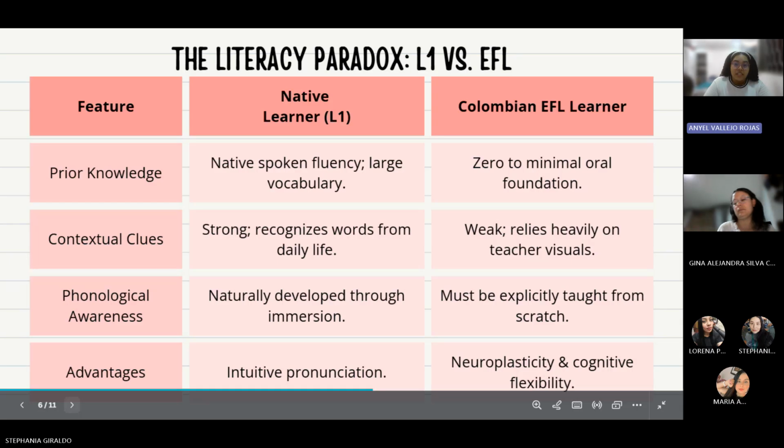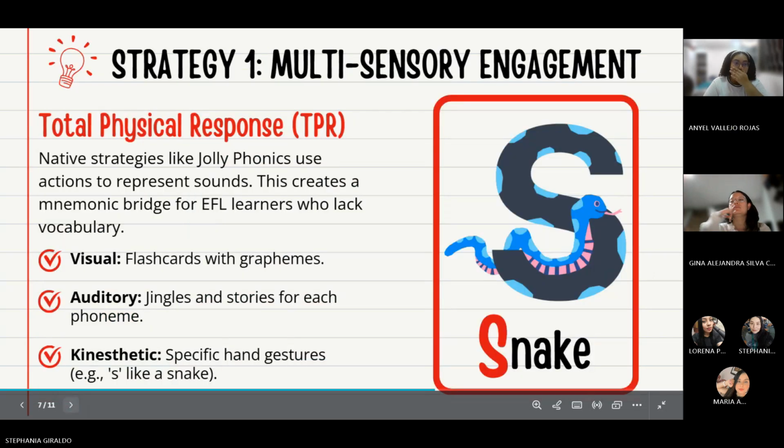And because of this, teachers need to provide more support through visuals, through repetition, through gestures, and context instead of simply copying native methods. The next, please.